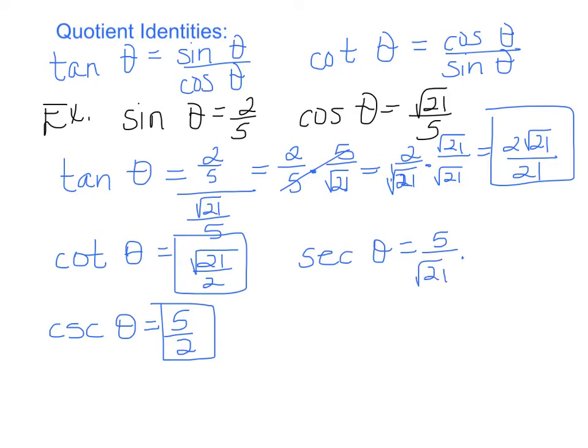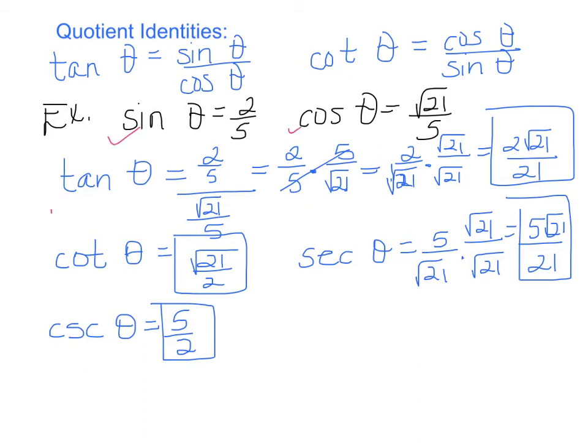Now this one we will have to rationalize. So it would be 5 square root of 21 over 21. So see, reciprocals and the identities help us define. And there you'll see we have all 6. The 2 that they gave us, and 1, 2, 3, 4 we used as the reciprocals.